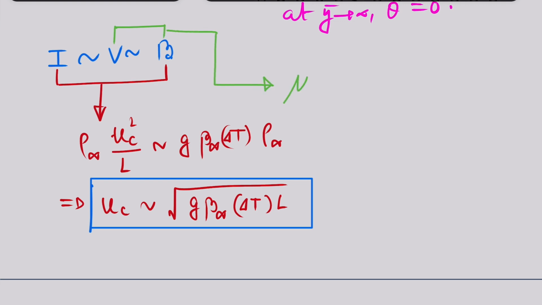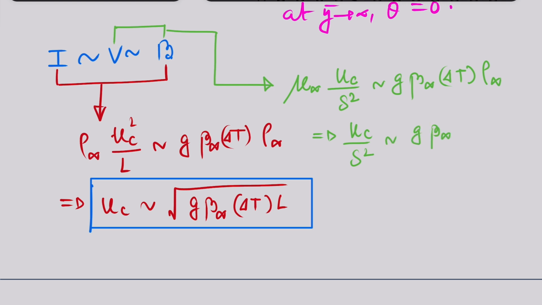So viscous force is mu infinity uc by delta square, right? This is the viscous force order of magnitude, and this will be of the same order of g beta delta t rho infinity. That means my uc by delta square is of the order of g beta delta t rho by nu, that will be mu by rho.